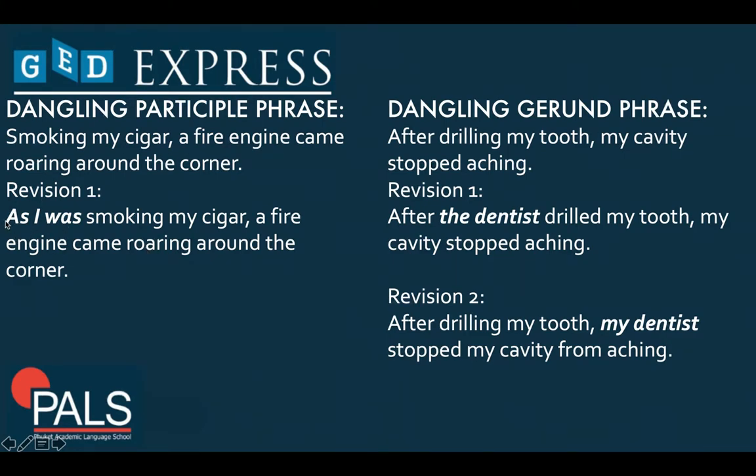Also, the word "as" is a conjunction that makes this a better dependent clause, and this here is an independent clause. You can find our YouTube video about that as well, also taught by me and most likely with some PowerPoint errors as well.